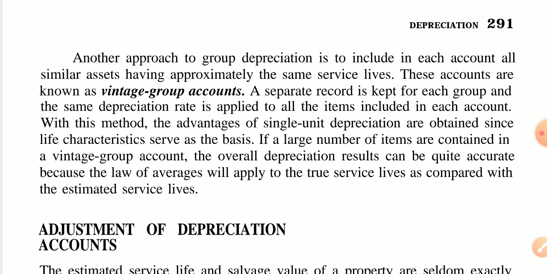With this method, the advantages of single unit depreciation are obtained since life characteristics serve as the basis. If a large number of items are contained in a vintage group account, the overall depreciation result can be quite accurate because the law of averages will apply to the true service lives as compared with the estimated service lives.